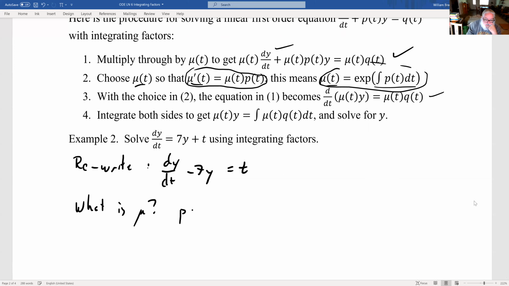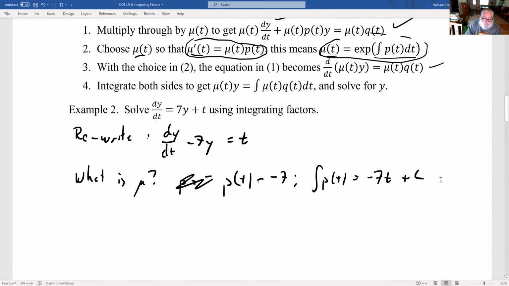So p of t equals -7. The integral of p of t equals -7t plus a constant. And mu equals e to the integral of p of t, equals e to the -7t plus c.